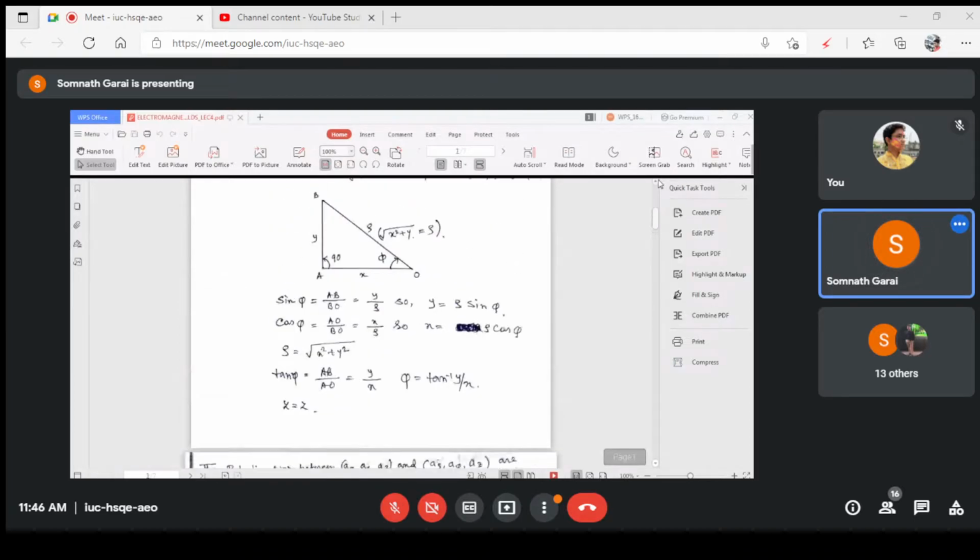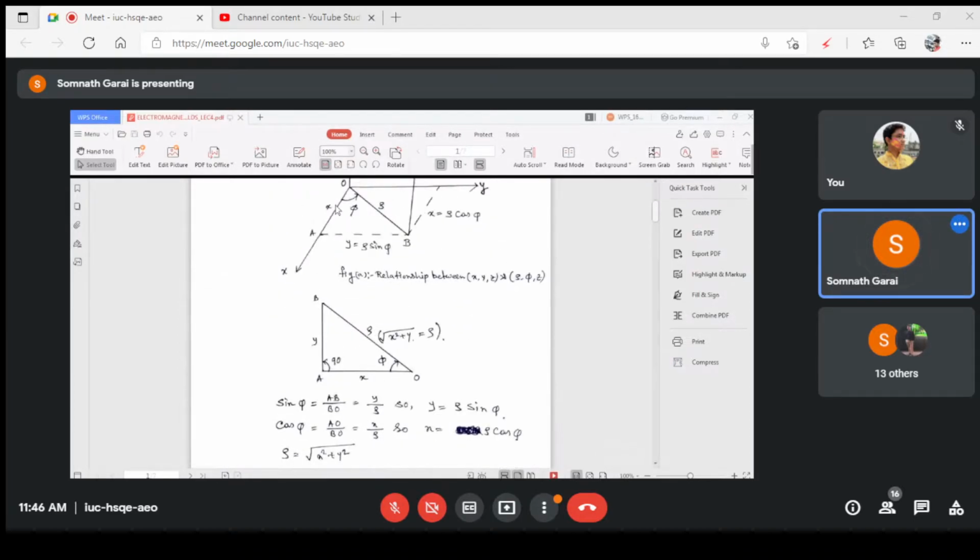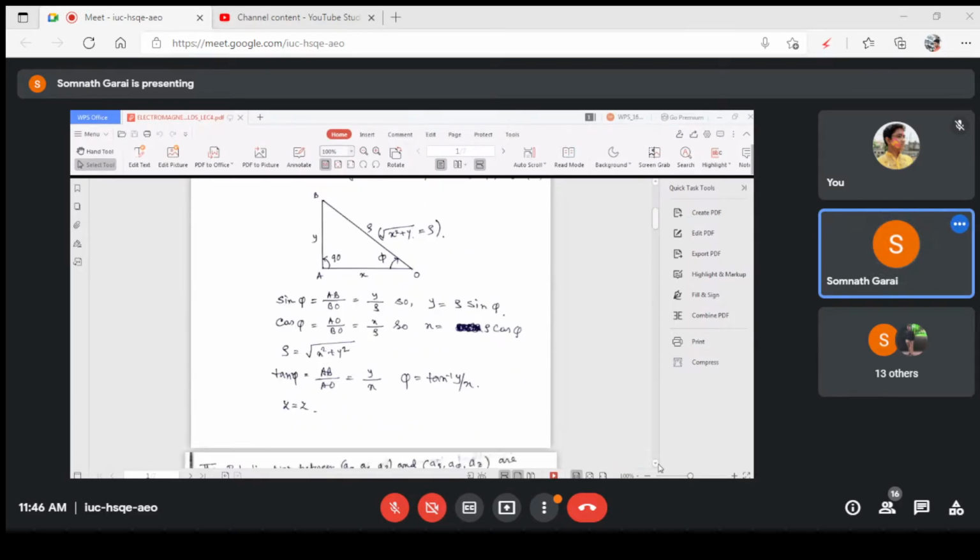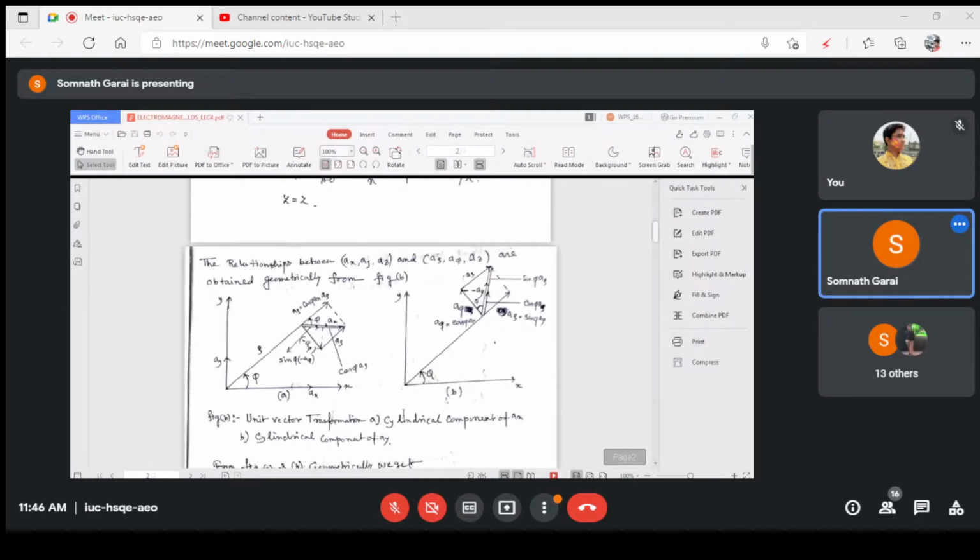Now if we draw a straight line from here, so the direction vector of the x-axis is that.